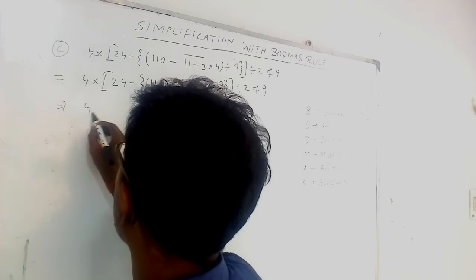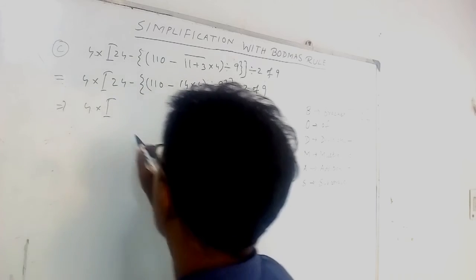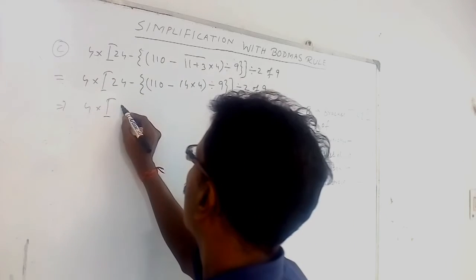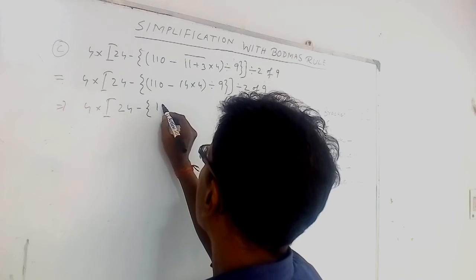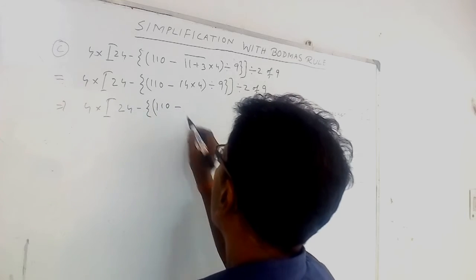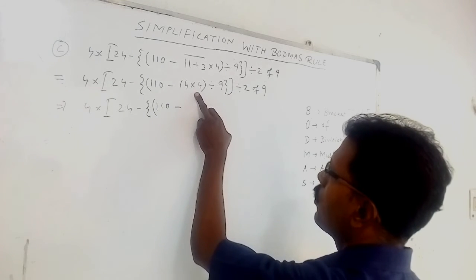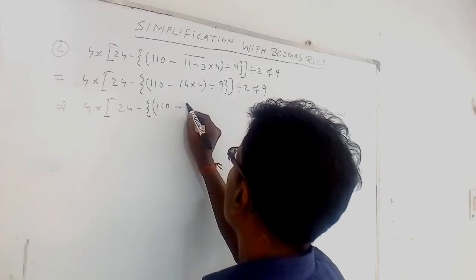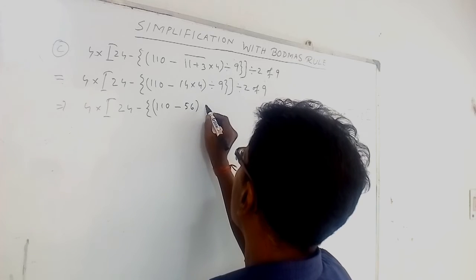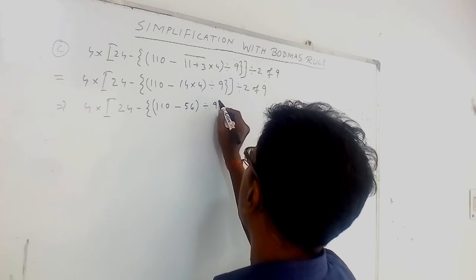Subtraction and multiplication: the multiplication should be done first. 14 fours are 56, divided by 9.